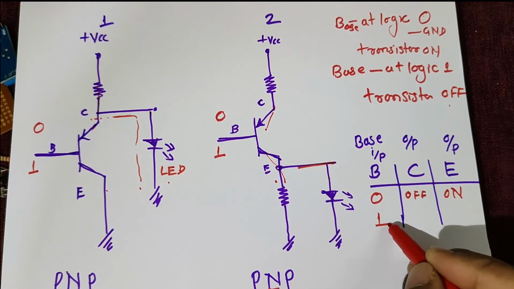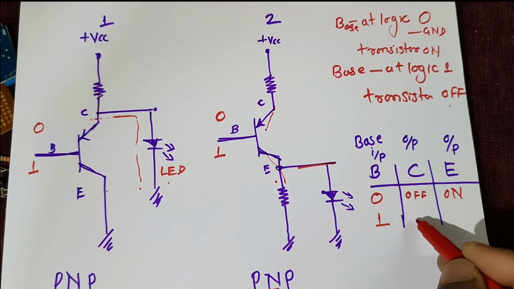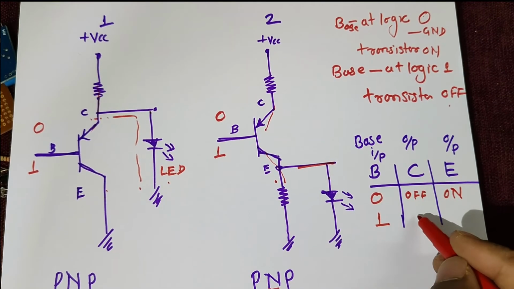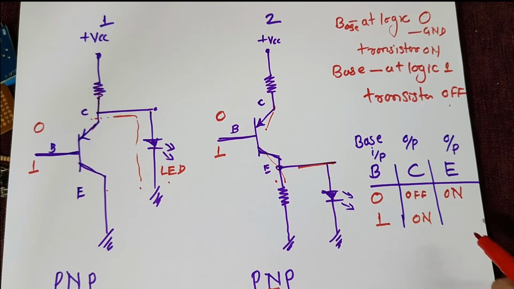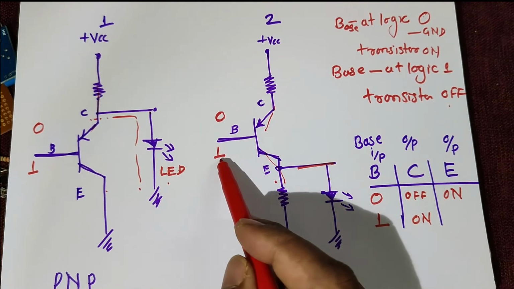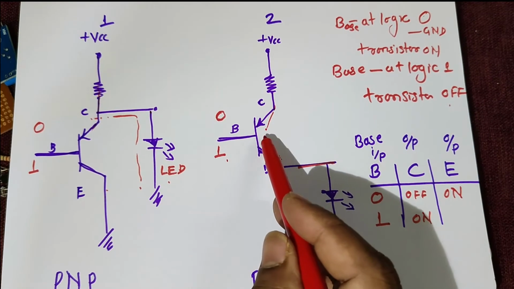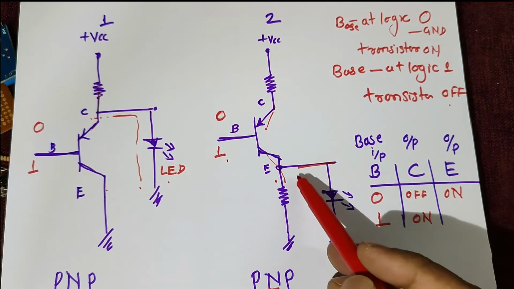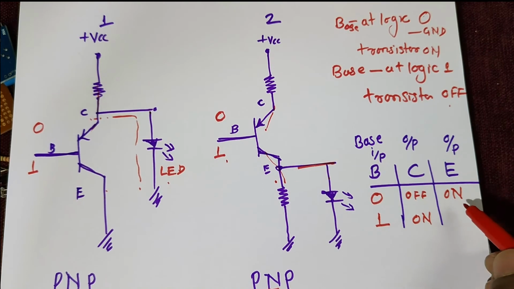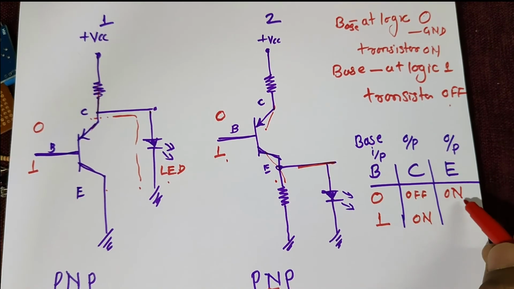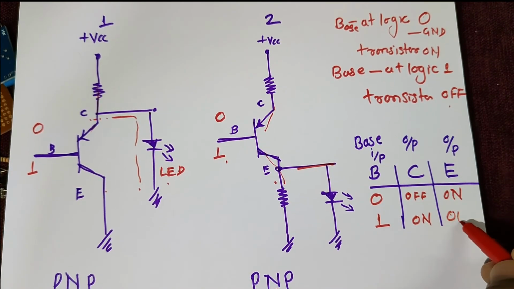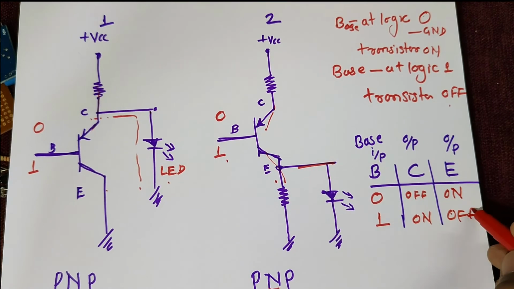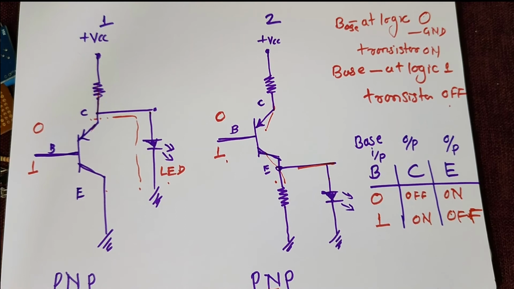So when it is logic 1 and you are taking the output across the collector side, it will be on, so you will get the output. And if the base logic is 1, as the transistor is in the off state, there will be no flow of charge from collector to emitter, so there will be no output at the emitter, and it will remain off. So these are the basic fundamentals you should be aware of when you are working with the transistor as a switch.